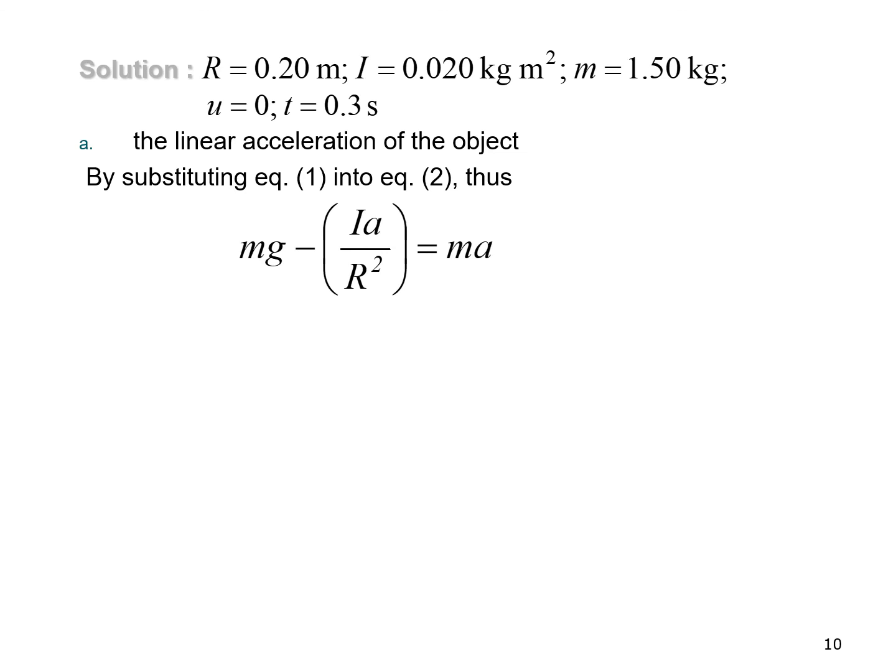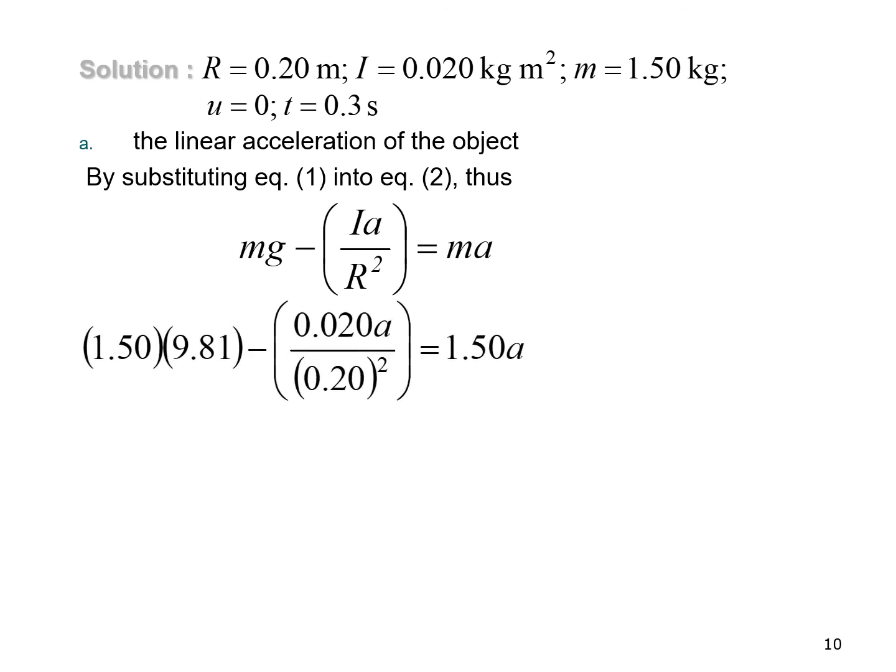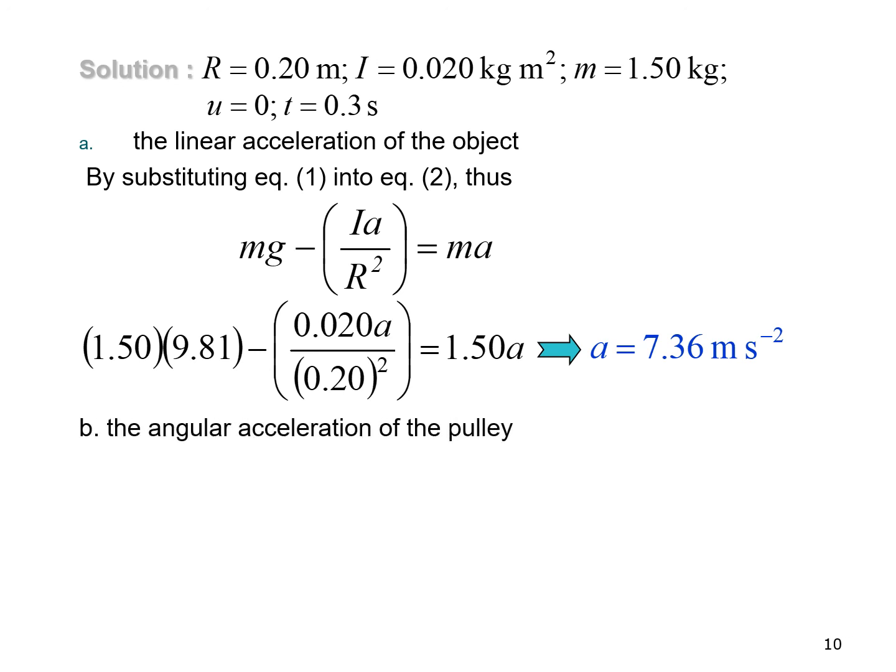Then since we have all the information except for linear acceleration, replace in all the values and determine the value of the linear acceleration, which will end up with 7.36 meter per second square. And then part B, angular acceleration.